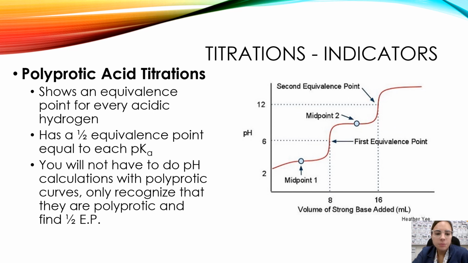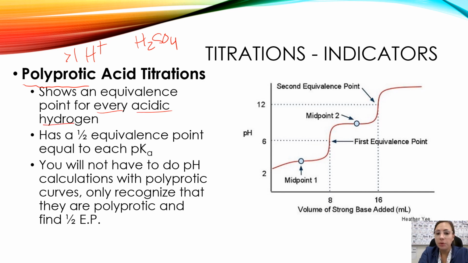Okay, last but not least, we have polyprotic acid titrations. Remember, a polyprotic acid means it has more than one hydrogen that it can donate. So for example, H2SO4. A couple things to know with a polyprotic acid titration: you're going to see an equivalence point for every acidic hydrogen.